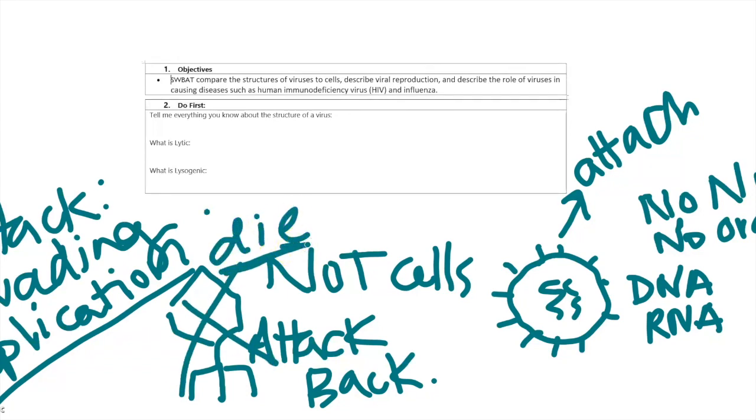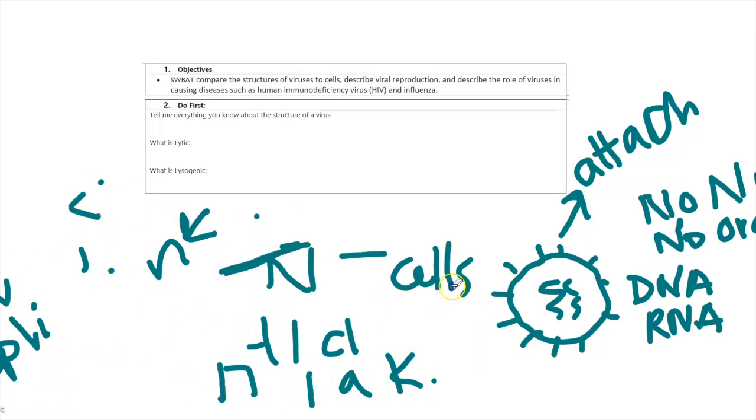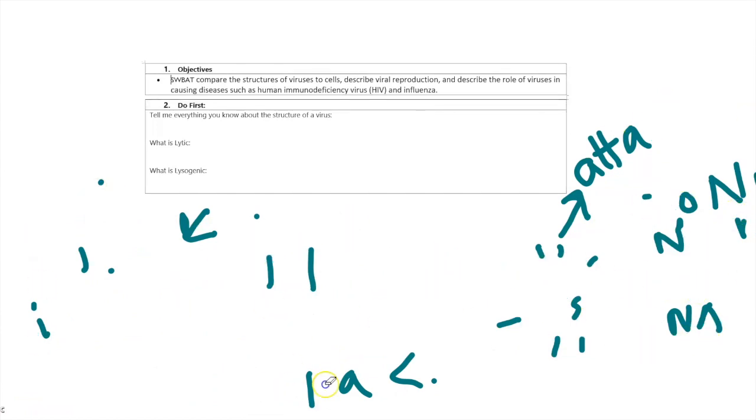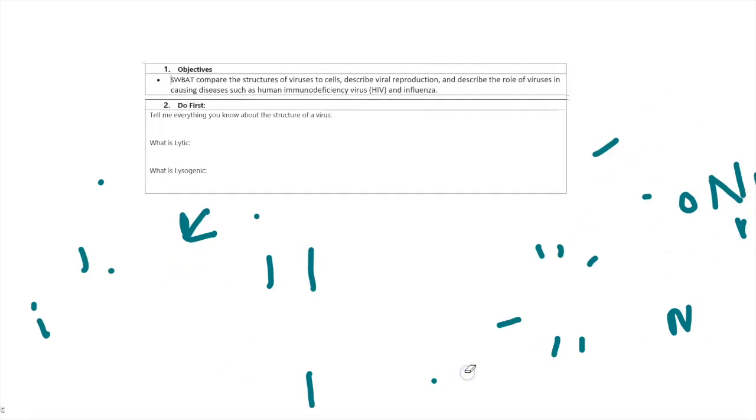But if the cell keeps replicating the virus's genetic material, it can make more viruses. Now, all of this is a lot, so I'm going to try to get rid of some of it. Make sure you wrote all of that down, though. Go back and pause it if you need to rewrite it.